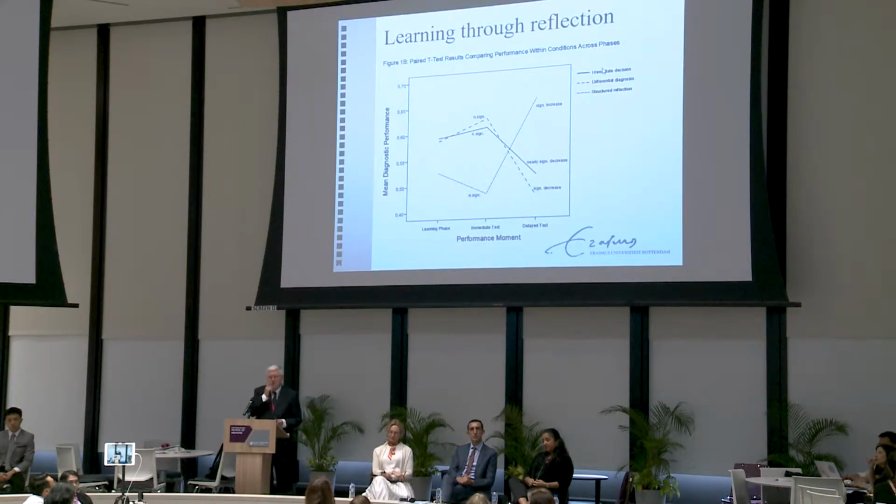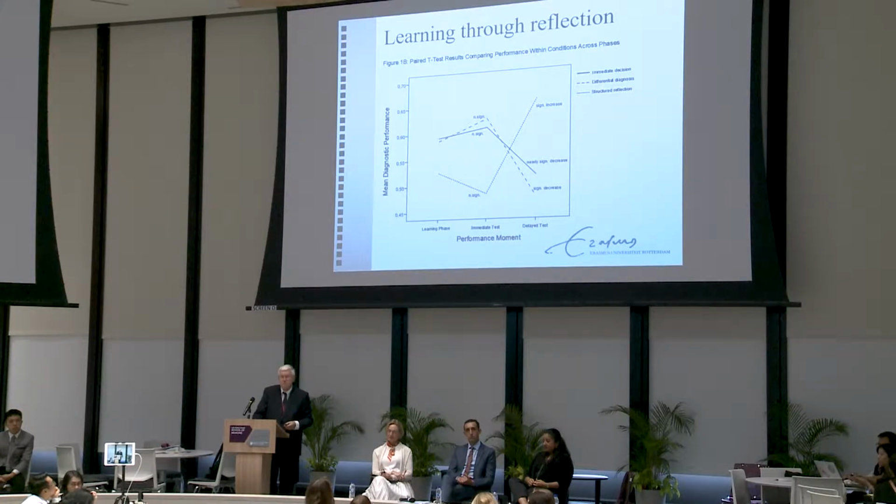So what you see here is that during the learning phase, those who were engaged in deliberate reflection became confused, and were doing significantly poorer than the other 2 groups, although they were randomly assigned to the condition.